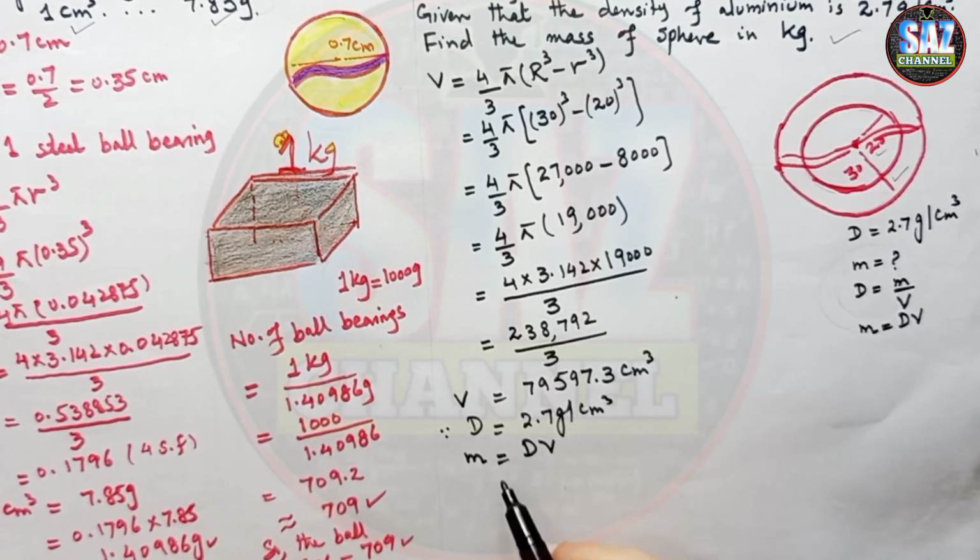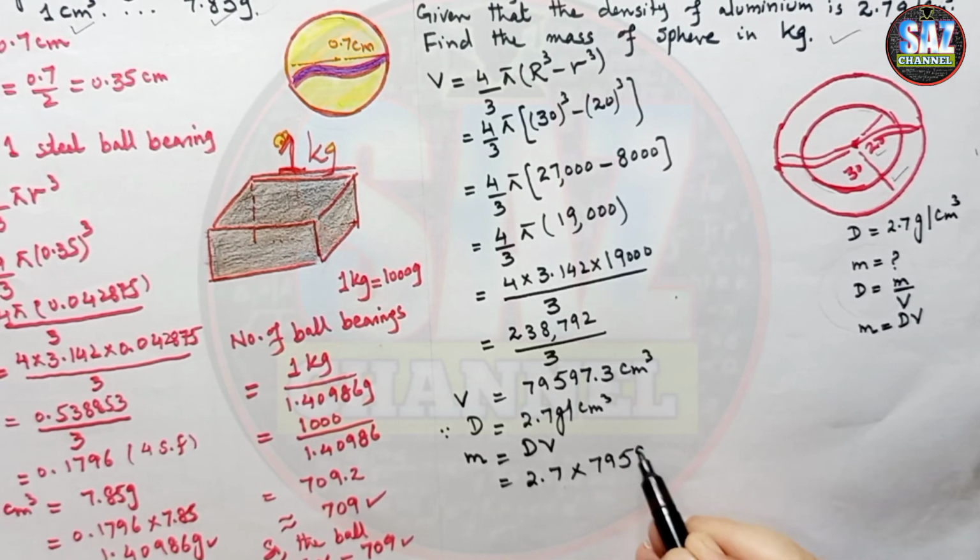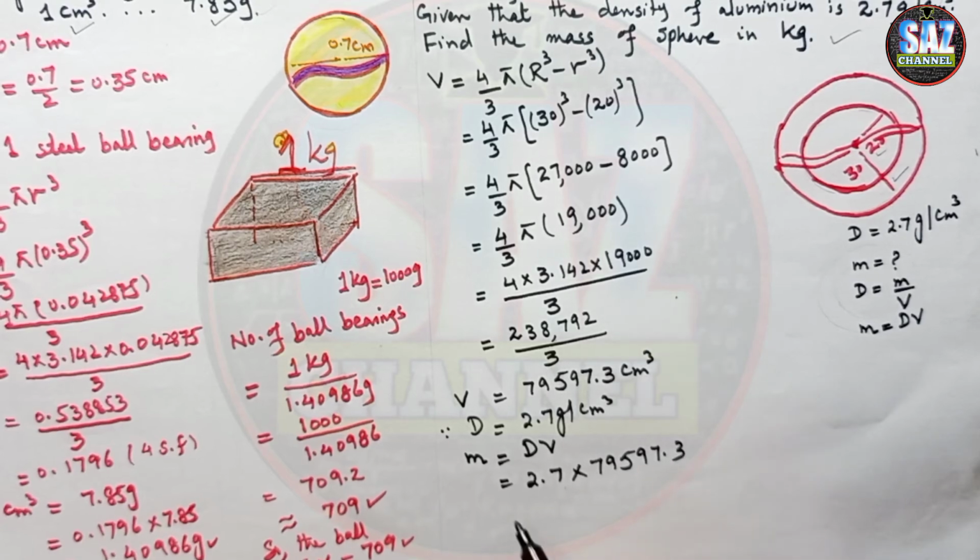V. Density is 2.7 multiplied by 79597.3. Okay, now 2.7 multiplied by 79597.3, and this gives me 214,912.7.